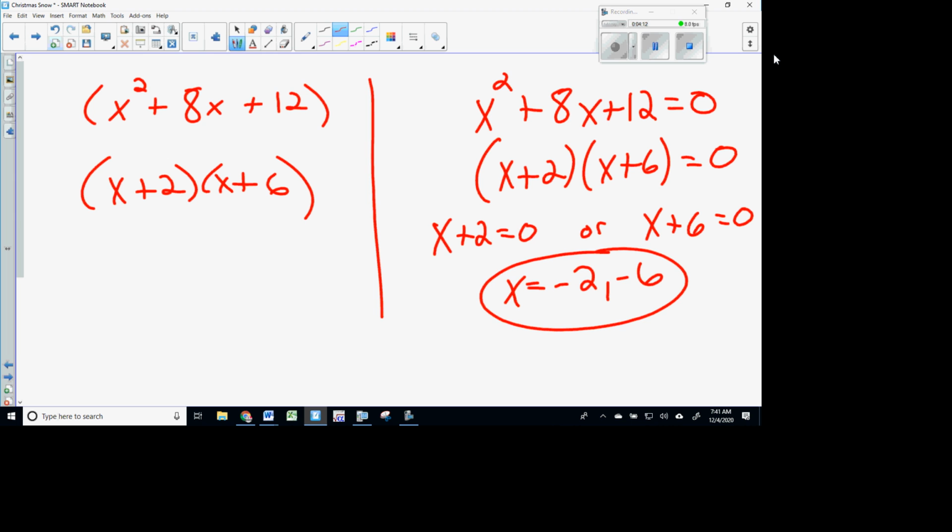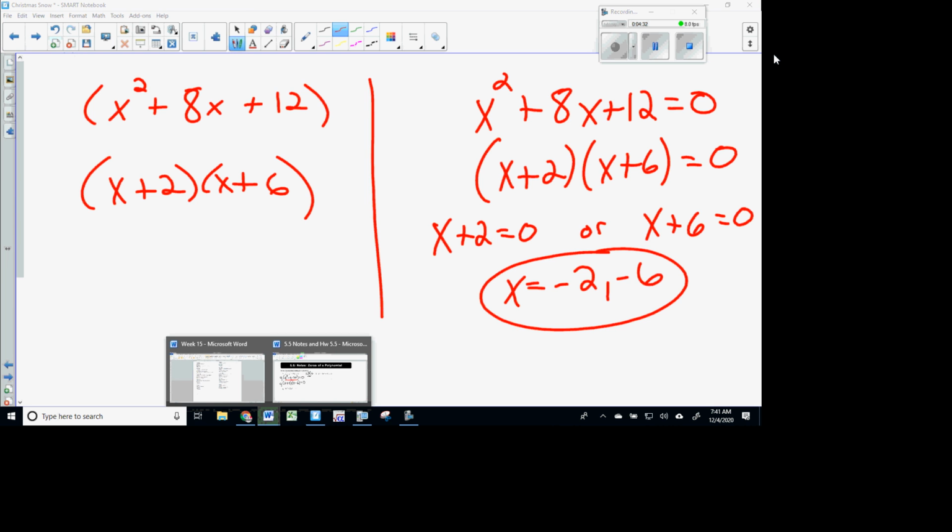When it was equal to 0, we got these two answers. You're doing the same kind of stuff with factoring, but they're just two different problems. Remember that? This is what we did yesterday. This is what we're doing today.